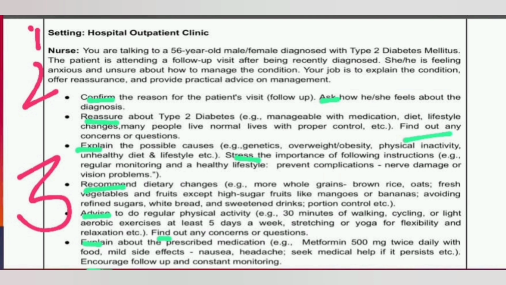So here we can explain like this. I would also tell you about the recommended dietary changes. So we can suggest, okay.